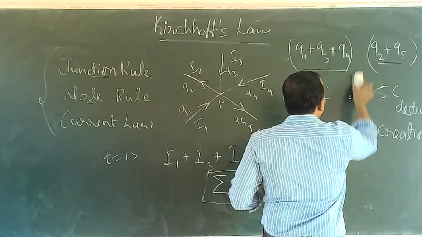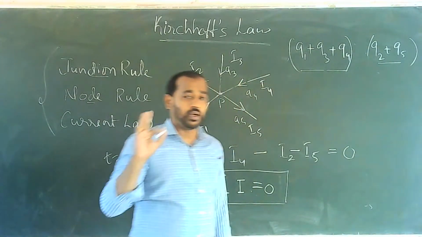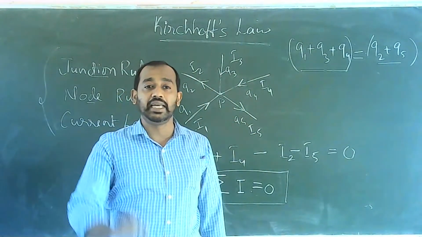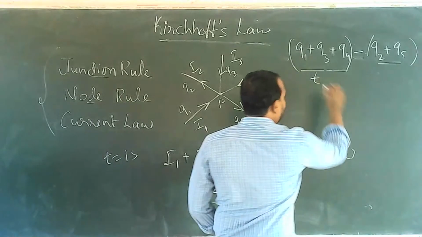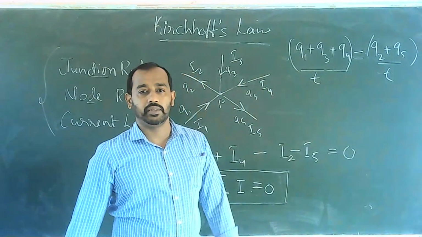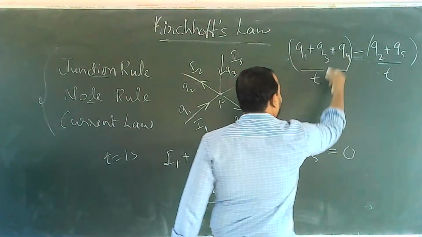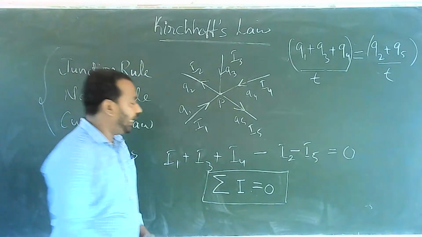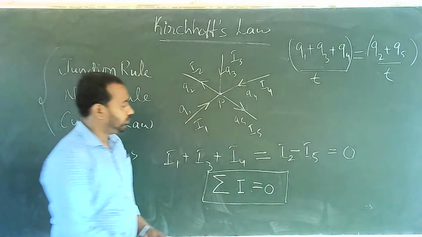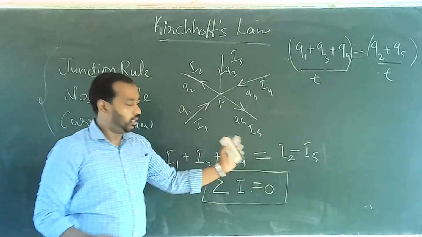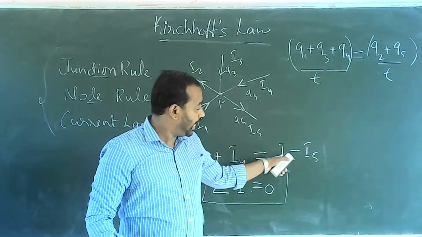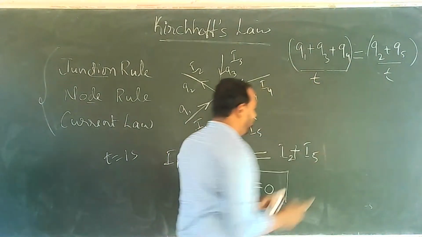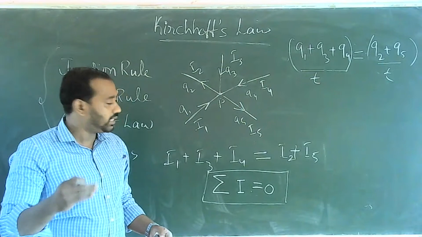So therefore, from the principle of conservation of charges, we know that the amount of charges entering the junction per unit time, if I divide it by time, then Q1 by T, Q3 by T, Q4 by T, which is nothing but I1 plus I3 plus I4, is equal to, I have shifted I2 and I5 to the other side, Q2 by T, Q5 by T, which is nothing but I2 plus I5.